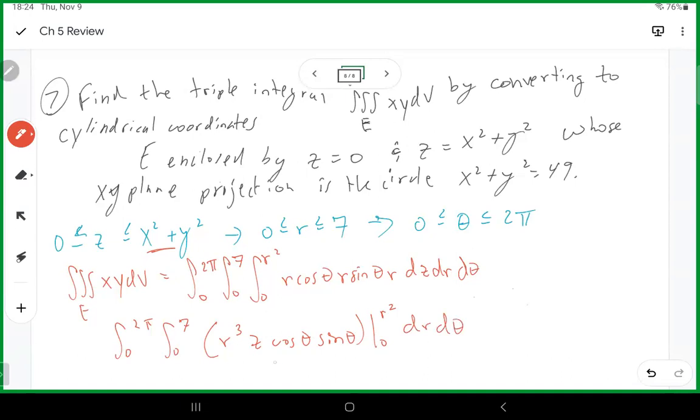So then that would be 0 to 2 pi, and then it's going to be 0 to 7, and if we clean this up, we get r to the 5th power sine theta cosine theta dr d theta.